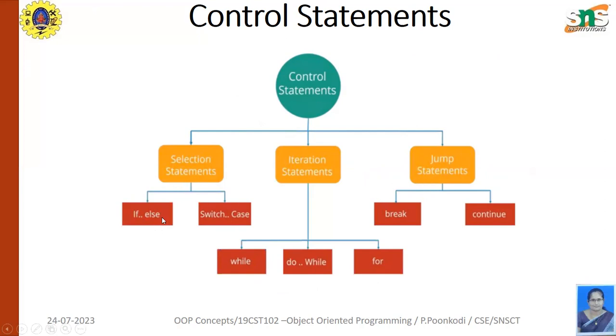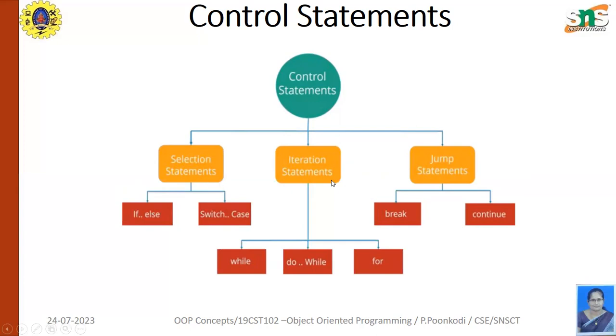In selection statements, we have the if else statements, if else if, nested if, and switch case statements. Based on the condition, it will select the statement and execute, so it is categorized under the selection statement.